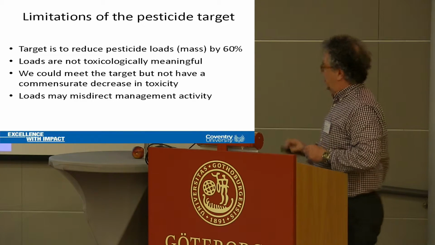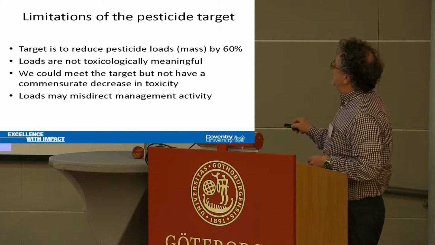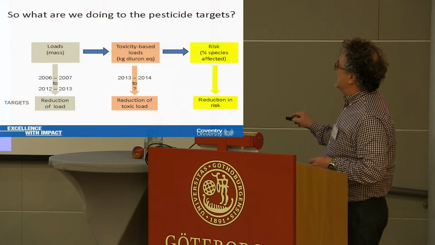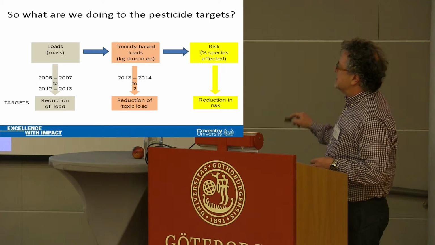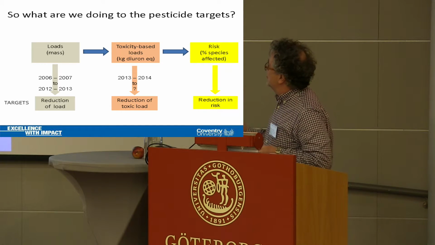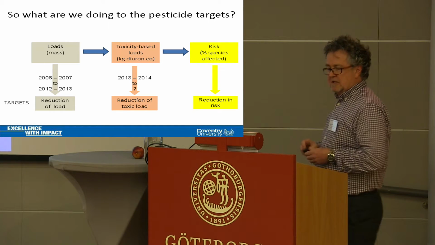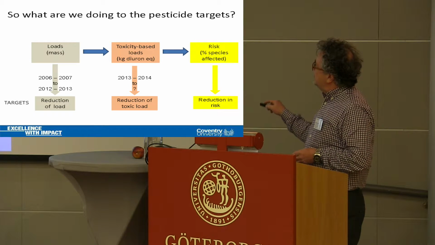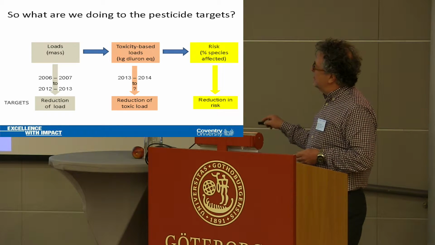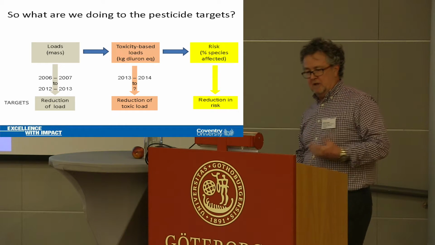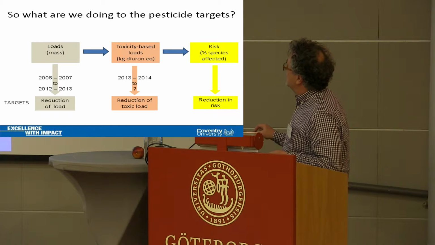So we heard that message loud and clear, and so we've developed a toxicity-based loads, where we are converting the loads of the individual pesticides to a diuron equivalent in kilograms. And we're doing this for 5 PS2 herbicides, which are the key pesticides we're concerned with. So in terms of when we've done that, our target will then be, rather than a reduction of the total load, it's the reduction of the toxic load of our diuron equivalents.